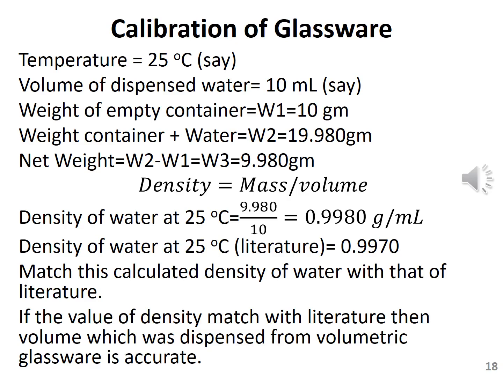If the calculated value of density of the water is far away from the literature value of the density of water, then that glassware is not calibrated, and there are some issues which will result in the wrong estimation of the volume of the solution.